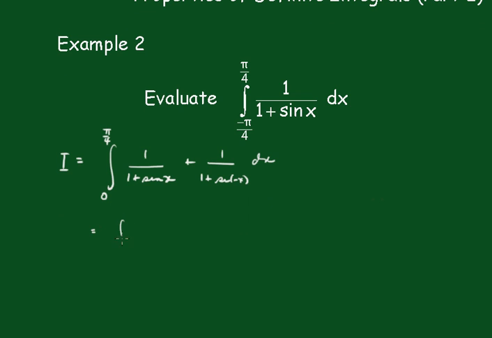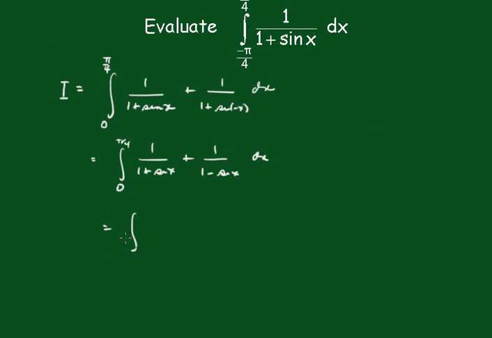and that's going to be the integral from 0 to pi upon 4 of 1 over 1 plus sine x plus 1 over 1 minus sine x dx, because the sine of minus x is minus sine x.